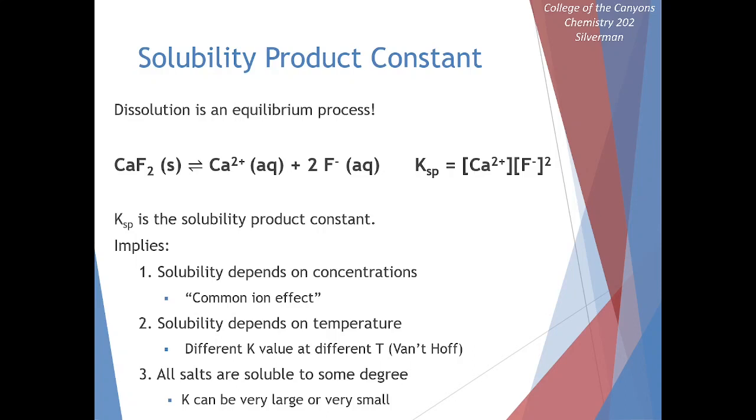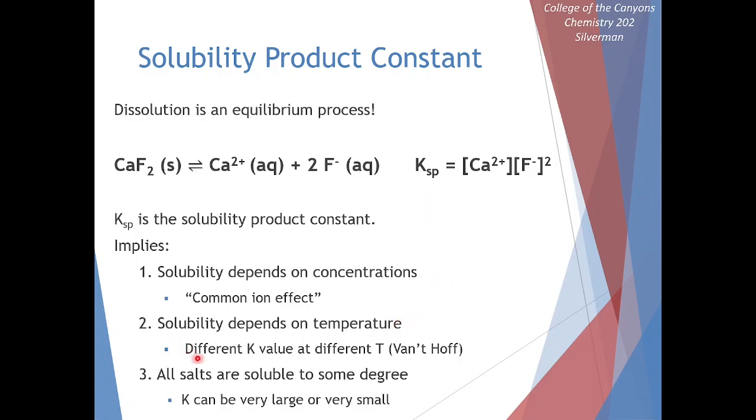Some interesting intuition we can gain from this already. Our solubility depends on the value of this KSP. Things that we consider completely soluble are going to have KSP values that are extremely large. Things that we consider to be insoluble are going to have KSP values that are very, very small.